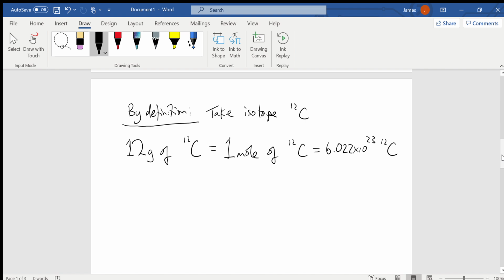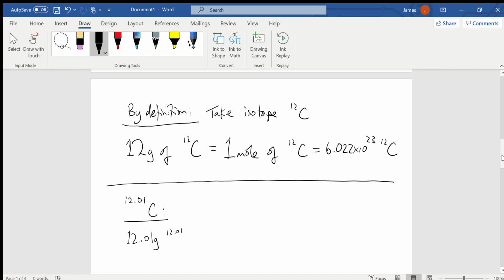So that's our definition. We can take carbon the way you see it in the periodic table. So it's an abundance mixture of isotopes. So we know that 12.01 grams of 12.01 carbon is 1 mole of 12.01 carbon, which is Avogadro's number of 12.01 carbons, right? Goes without saying.